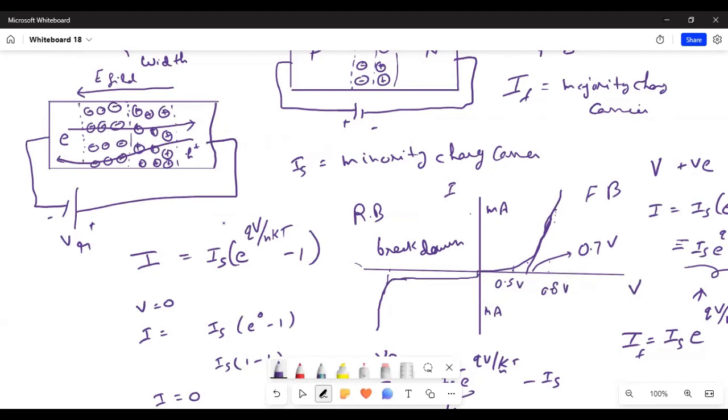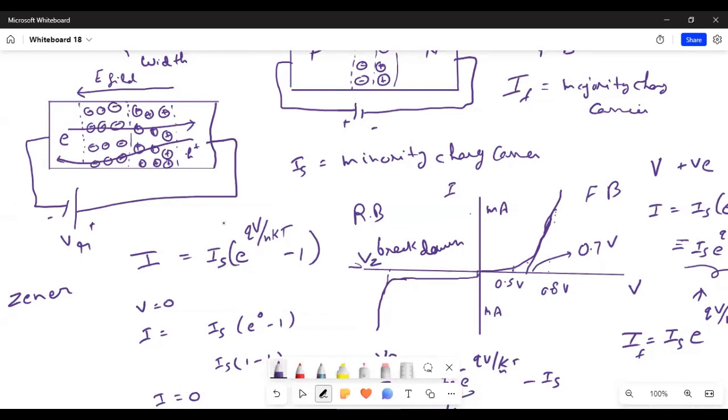These electrons and holes move in the direction of the electric field, and suddenly there is a sharp increase in current. This is called Zener breakdown.